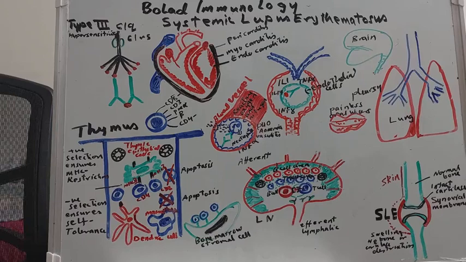However, we call these naive B cells now, and they patrol the body. And these naive B cells in the periphery die in a few days unless they encounter antigen and activated T cell. So it is very important for B cells to encounter an antigen.